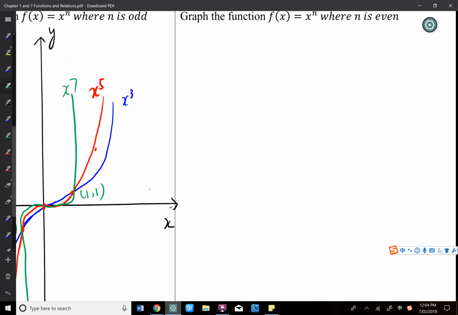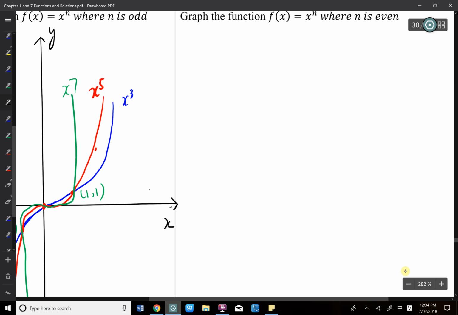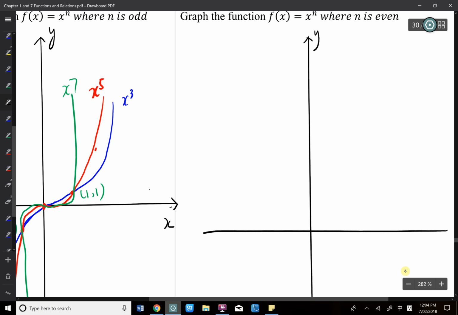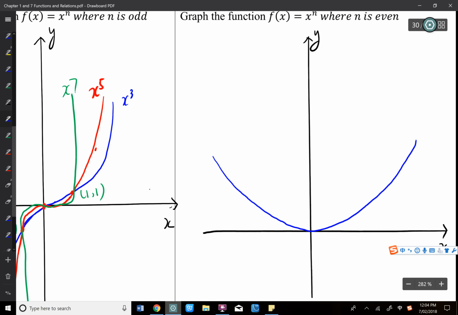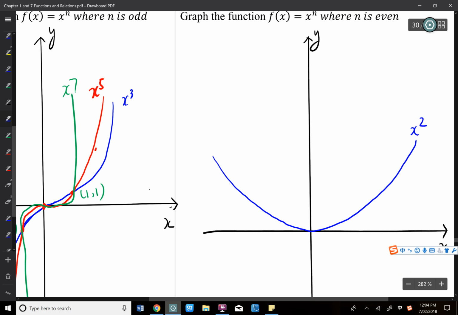If you sketch x to the power of 2 first, this graph is perfect. So we have 0, 0, 1, 1 as an intersection, and negative 1, 1 will be the intersection between x to the power of 2 and x to the power of 4.